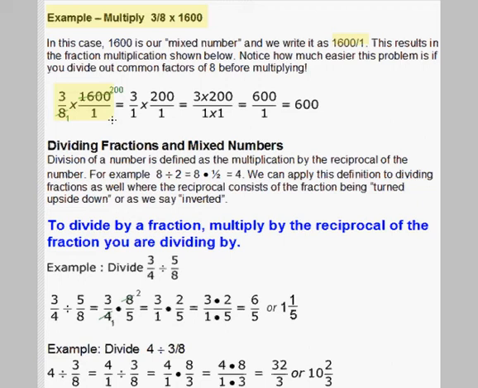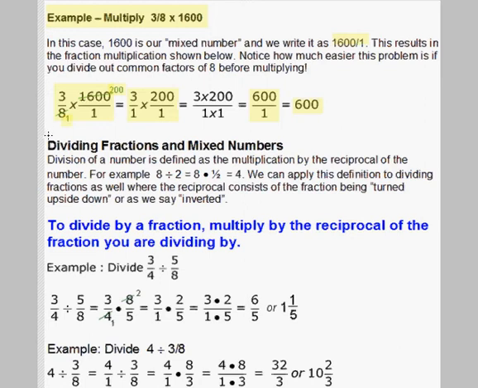We notice that both 1600 and 8 have a common factor of 8. 8 divides into 8 one time. 8 divides into 1600 200 times. This simplifies our problem to 3 over 1 times 200 over 1. And that results in 600 over 1 as our answer. And we can write that as the whole number 600. And as you can see, canceling ahead of time simplified this problem quite a bit.